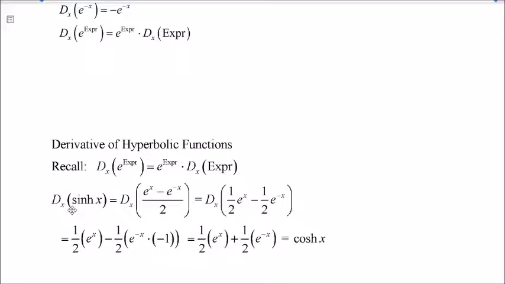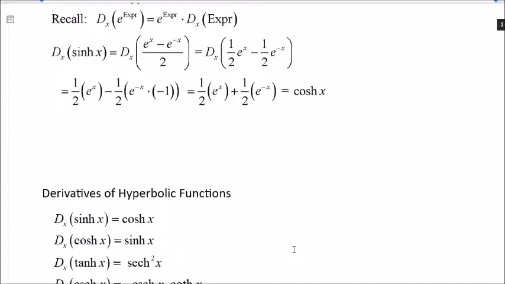So the derivative of hyperbolic sine of x is equal to hyperbolic cosine of x. Recall that the derivative of sine of x is cosine of x, and here the derivative of hyperbolic sine of x is hyperbolic cosine of x.